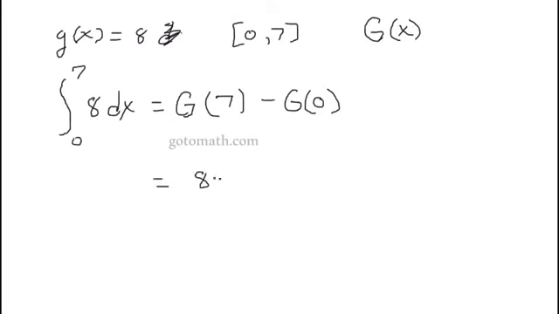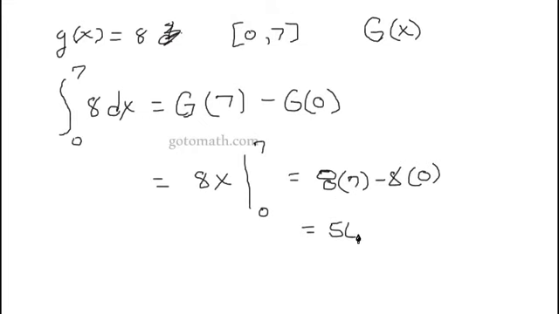So this just becomes 8x, and then we do this vertical line 0 to 7. And so here's what it is going to be equal to: 8 times 7 minus 8 times 0, which is equal to 7 times 8, which is 56, right?